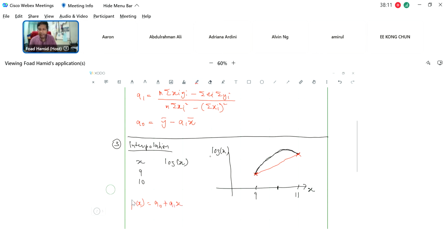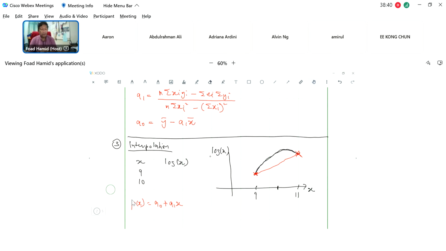This is a linear line, just like y equals mx plus c. There are 2 unknowns, which means it requires 2 pieces of information, and our 2 pieces of information are the 2 points. So a0 and a1 can be found because we know these point values.